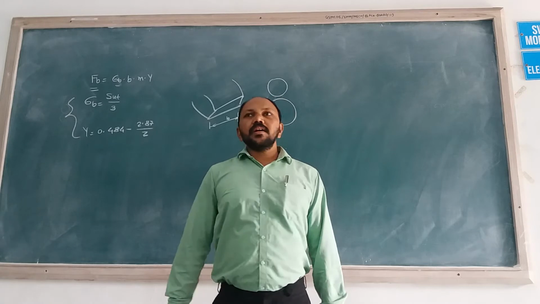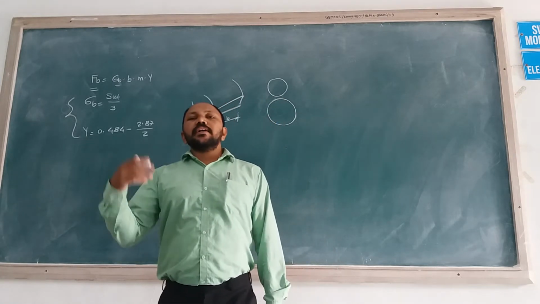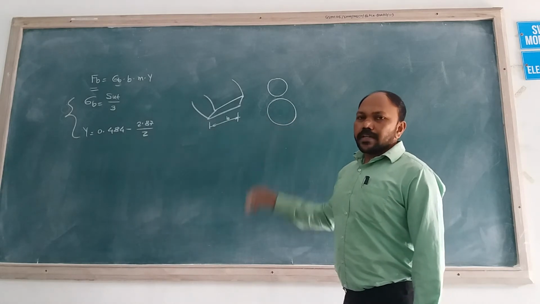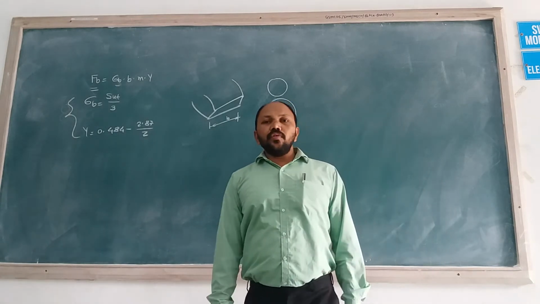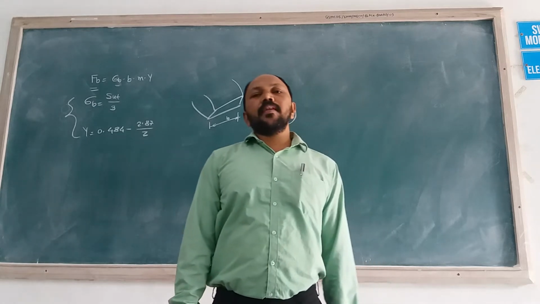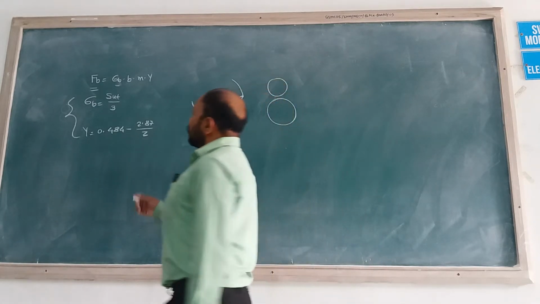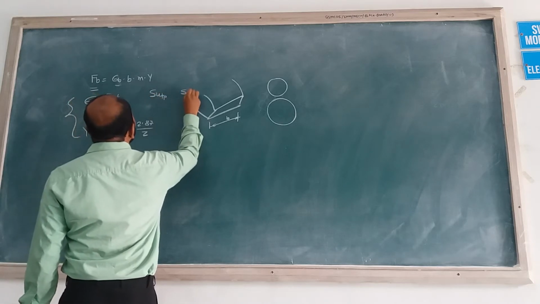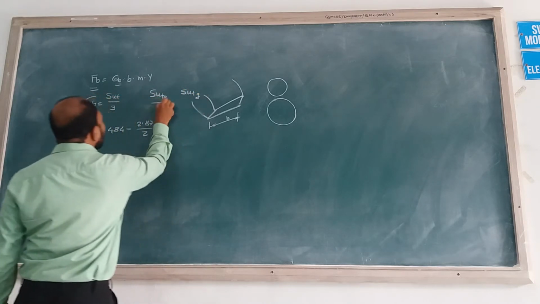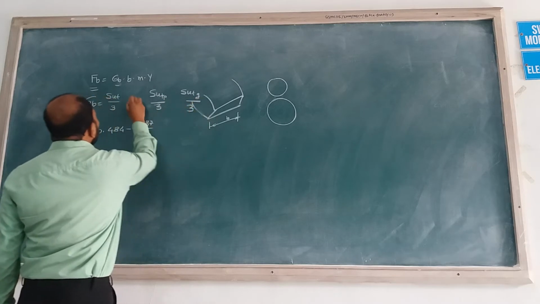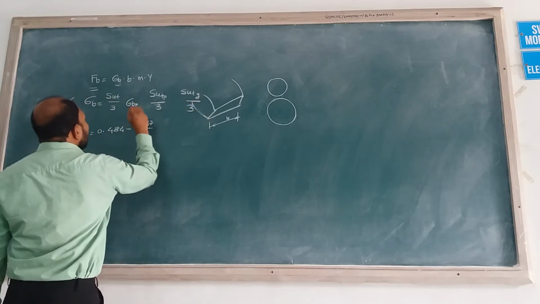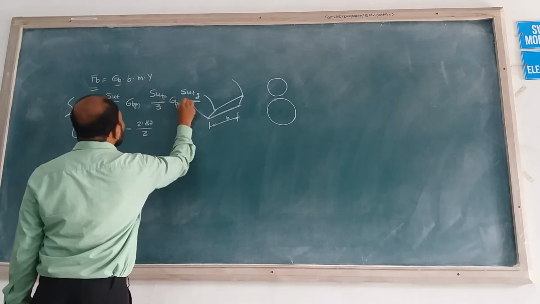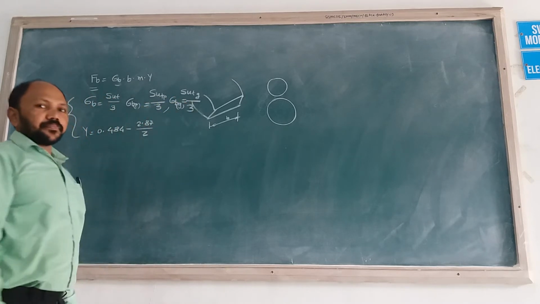If we consider different materials in pinion as well as gear, then the SUT value changes. So SUT for pinion is different and SUT for gear is different, and so sigma b for pinion is different and sigma b for gear is different.